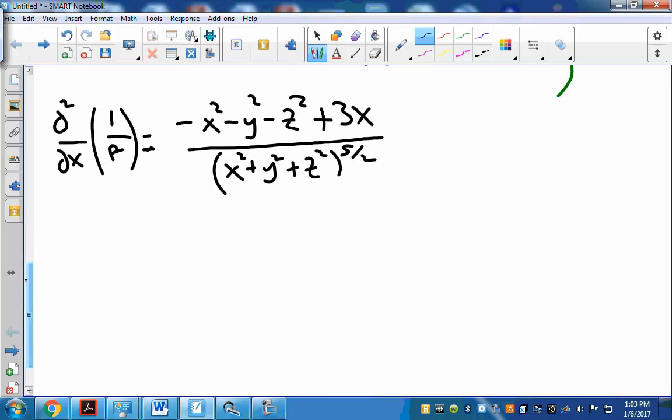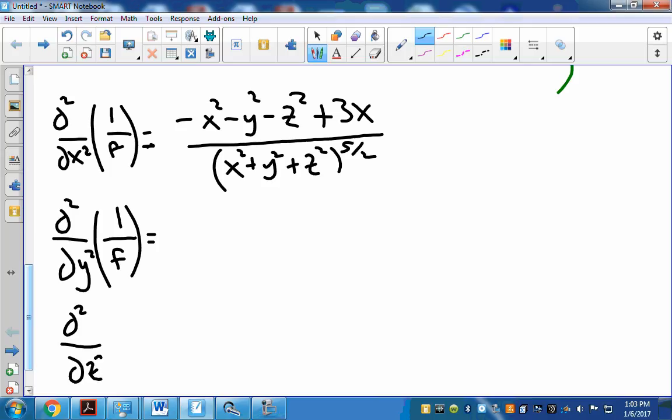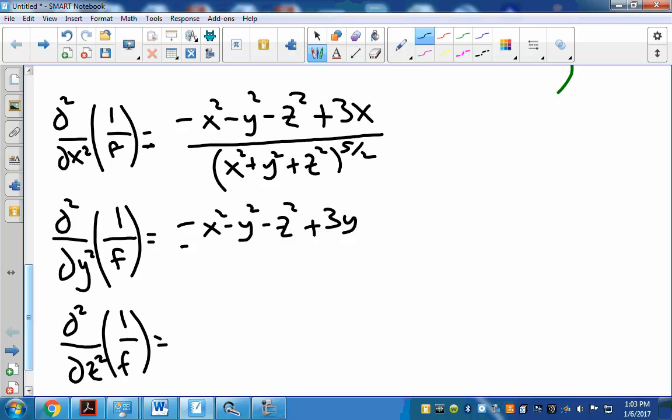Now, because of the symmetry of the situation, you might want to go in and just verify this yourself, when I find the second partial with respect to y and the second partial with respect to z, I'm going to get almost the same structure. The only difference is when I do it with respect to y, minus x squared minus y squared minus z squared, I'll have 3y squared here. Denominator is still the same.